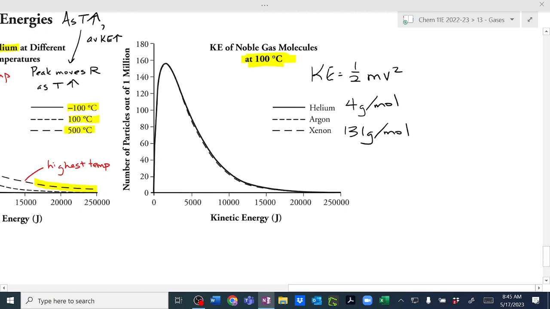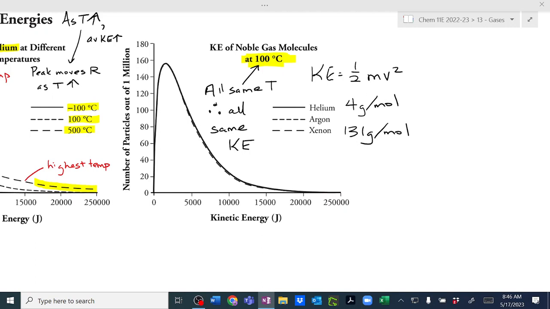But because we are all at the same temperature, what can you say about the kinetic energy? They're all the same because temperature is a measure of the kinetic energy, okay? And so the kinetic energy diagram remains the same.